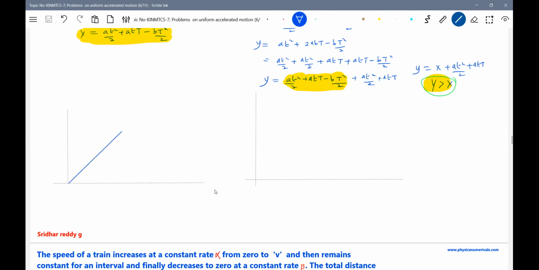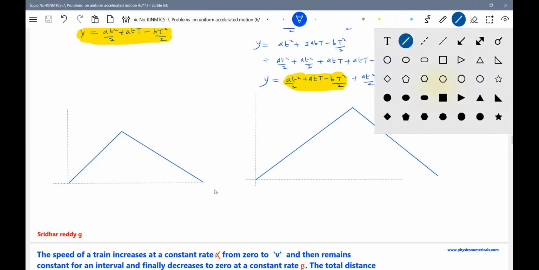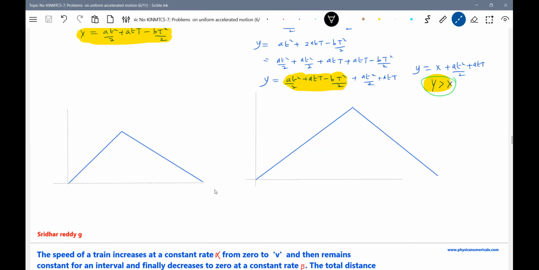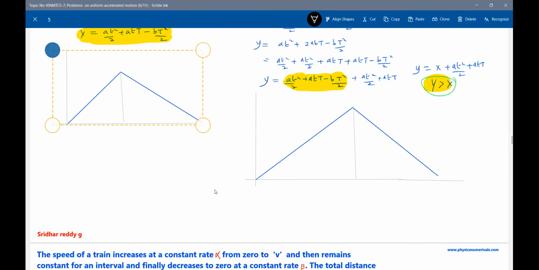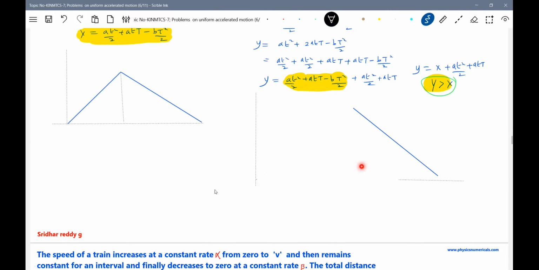It will accelerate, then it will undergo retardation. Acceleration is twice, so definitely. Below this, let me plot it. Comparisons will be easier.